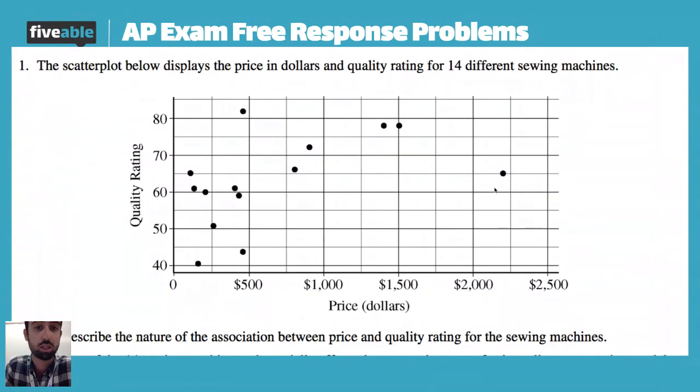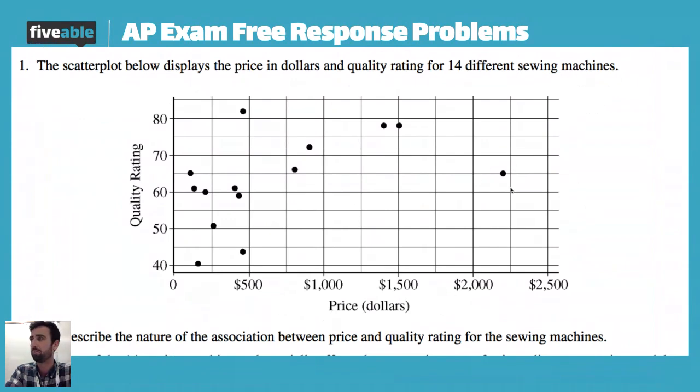So when we're describing this, we would say direction. It looks like it's going in the positive direction. As price increases, so does your quality rating. So that's the direction. We would say positive. Next is unusual. We do have something that's kind of unusual.